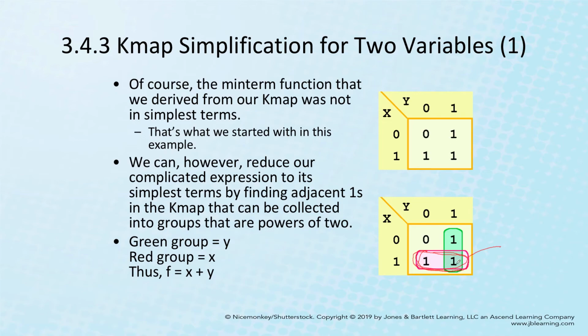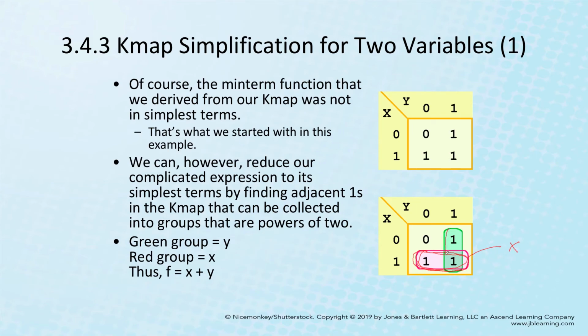X is always 1, but horizontally we see that for the first one y is 0, second one y is 1. So if a variable value changes within the group, like y changes across the group but x does not change, then the representation of this group is the variable whose value does not change. So this group is only x.